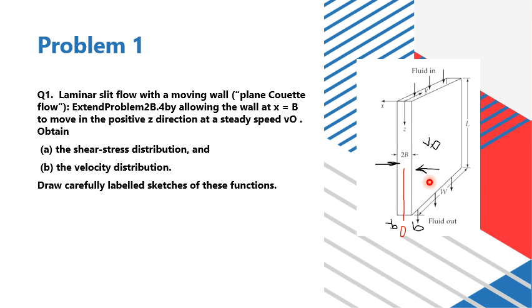Therefore, Couette flow is also occurring, and as the pressure difference also exists, both Poiseuille and Couette flow exist simultaneously. So here we will see how we will solve the question.